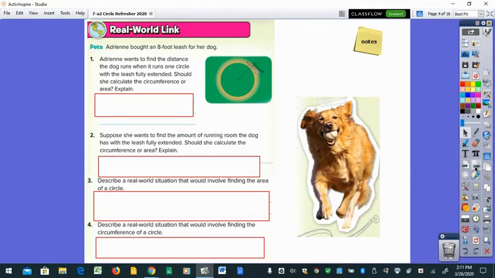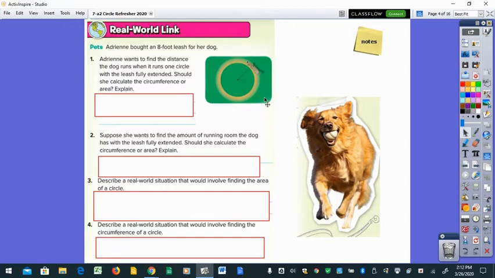Now, just to compare what we're going to be talking about today, there are really 2 words that we talk about with the circle: calculating the circumference and calculating the area. So if you have a pooch and you attach him to a leash and you stake that in your backyard, and he fully extends that leash and keeps running around a circle, you'll notice that he's making kind of a pathway here.